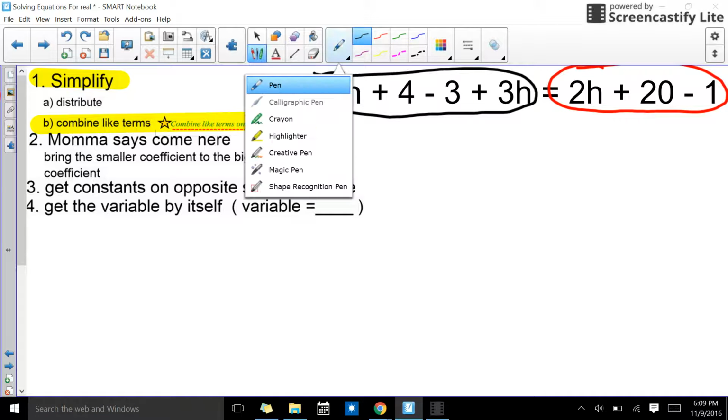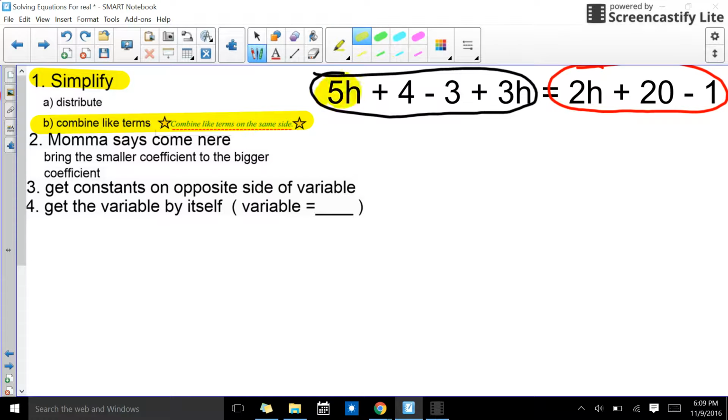When I do that, I have 5h plus 3h will give me 8h. And then I also have 4 minus 3. And that'll give me plus 1 equals, now we're going to do it over here.